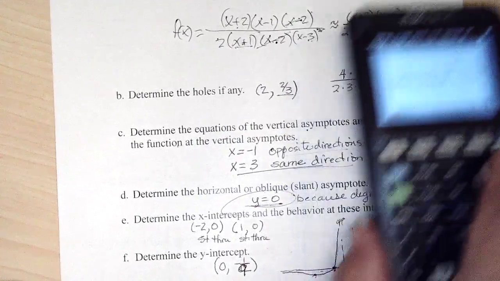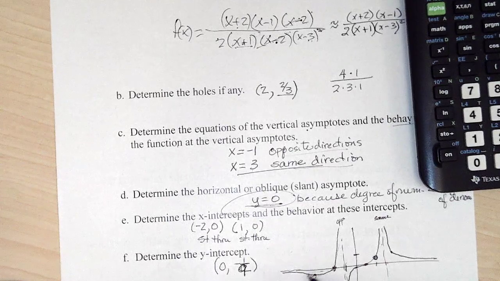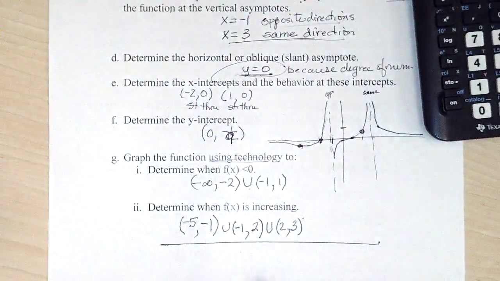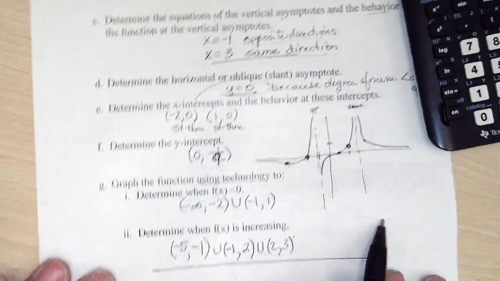There's a minimum at -5. So this low spot is at -5. That was tricky getting that last part of that. Low spot's -5. Okay.